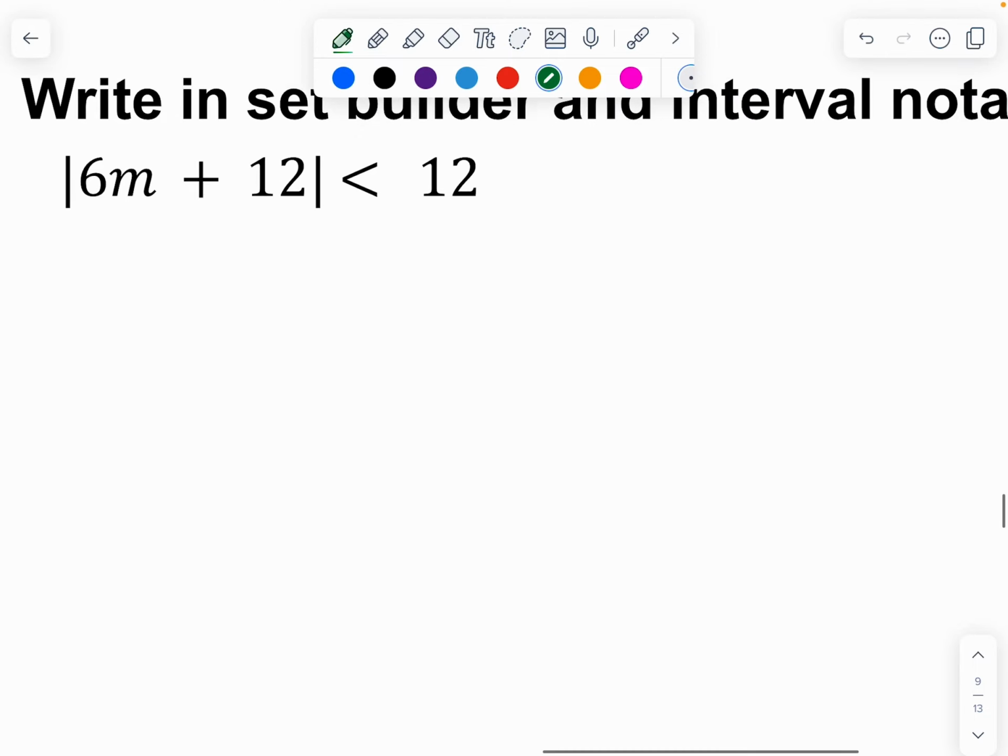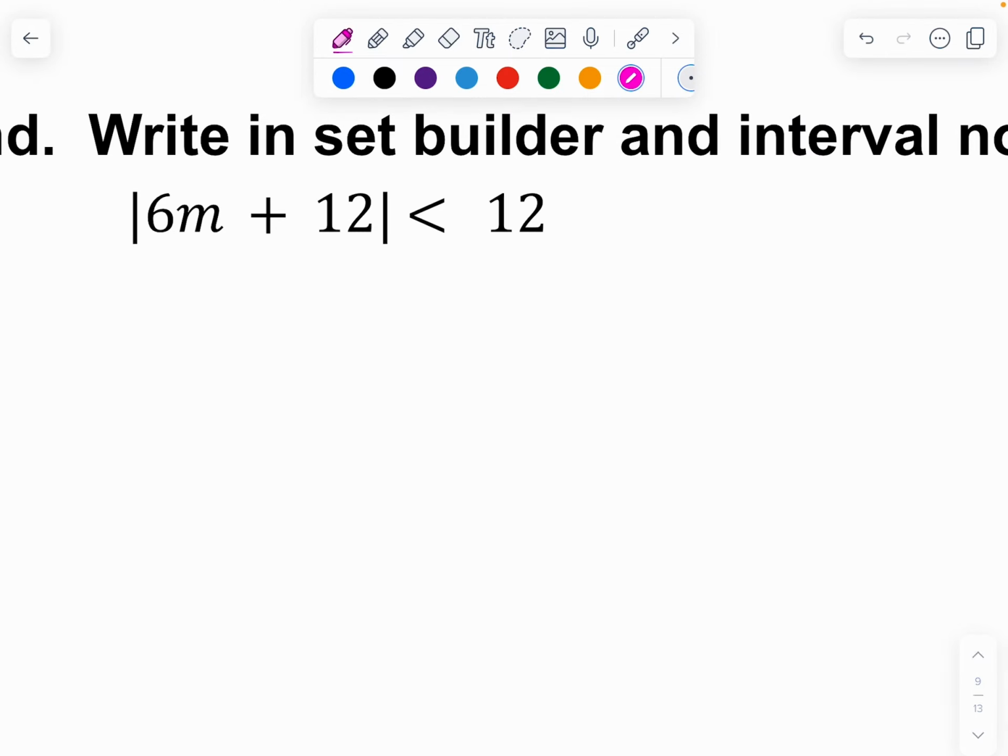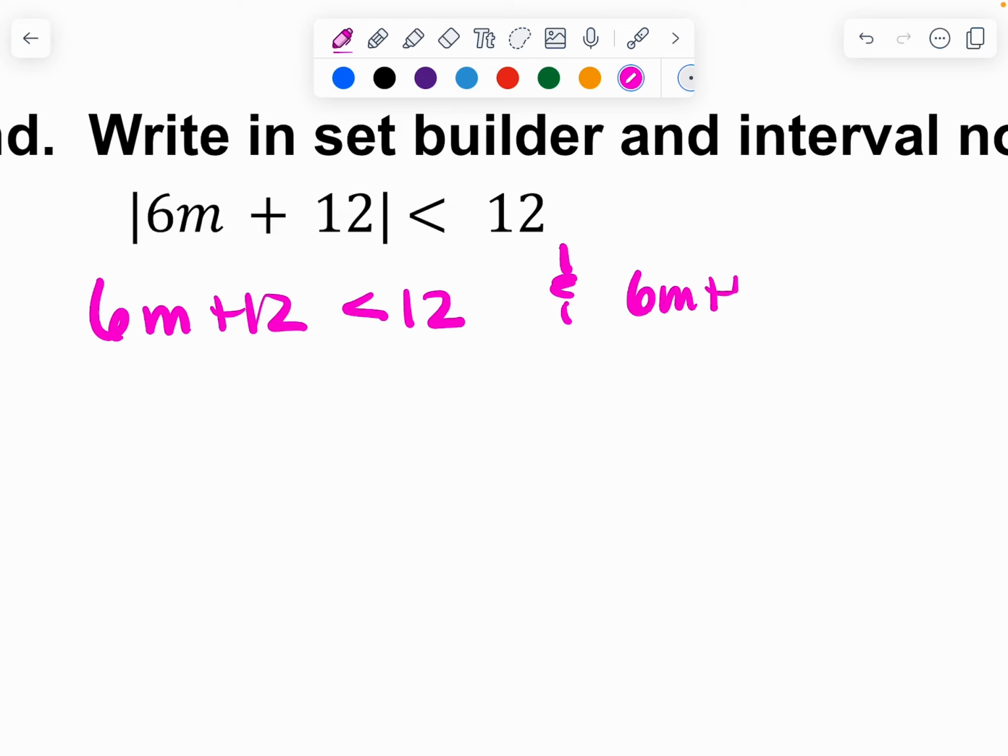Okay, so let's come to this one. So again, we do the exact same thing. I take 6m plus 12 less than 12, and 6m plus 12 is greater than negative 12. So this changed and this sign changed. So I subtract 12 from both sides.